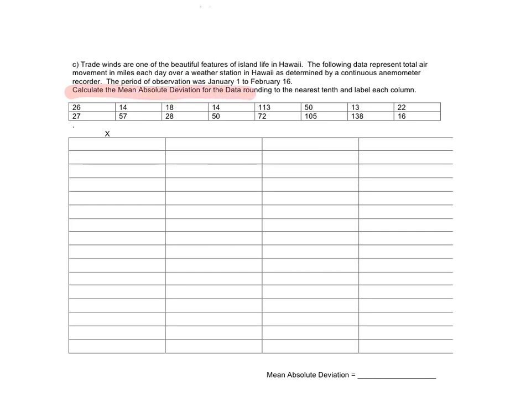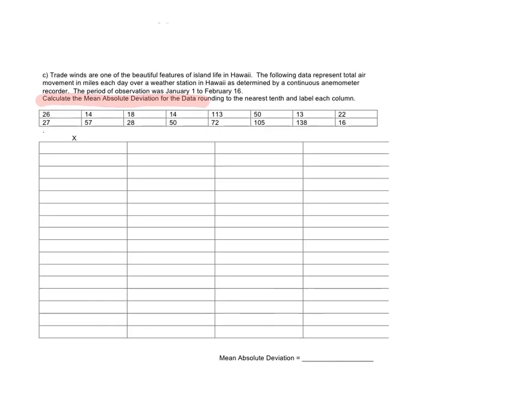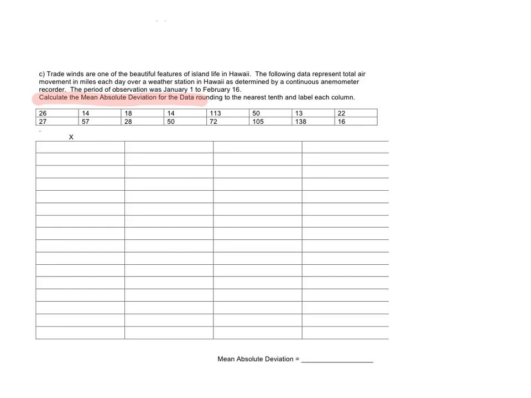What that means is this. Take a minute, enter the data into your calculator, and let's figure out what the average is, what our X bar is. Because the mean absolute deviation is how far from this average each number is going to be.